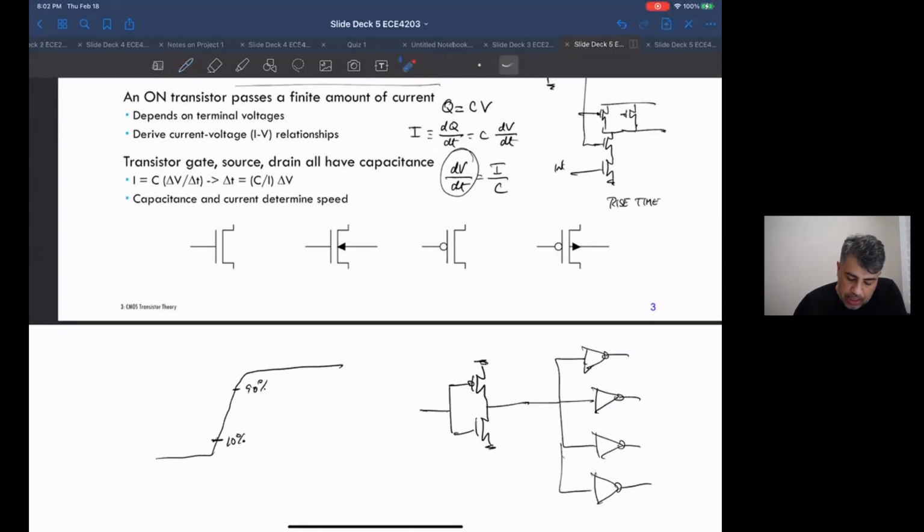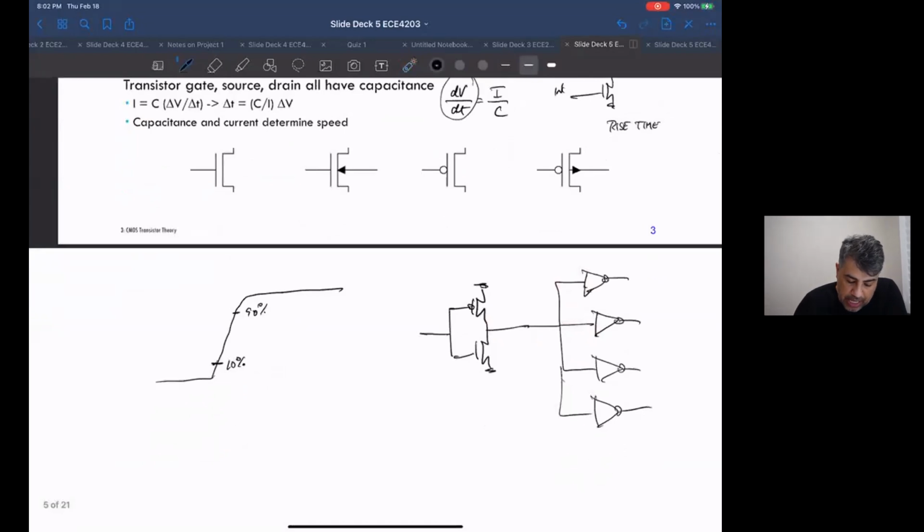So what's happening if I'm looking at this is I'm sourcing current into this node from the supply, pulling this node up. So that's what's going on here. The PMOS is putting current in and increasing the voltage on these capacitors, the gates of these devices. Okay, so that's my dV/dt. I'm looking at a change in voltage, delta V, as a function of a delta time.